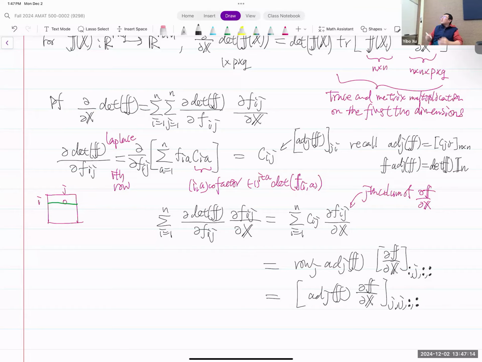Just think about the product as a sort of matrix: the row of the left matrix and the column of the right matrix. The jth row, jth column.